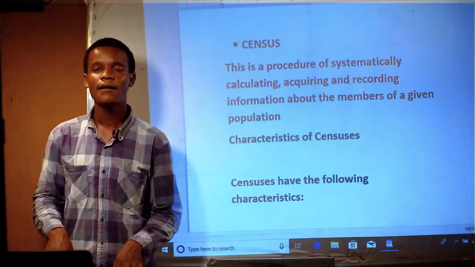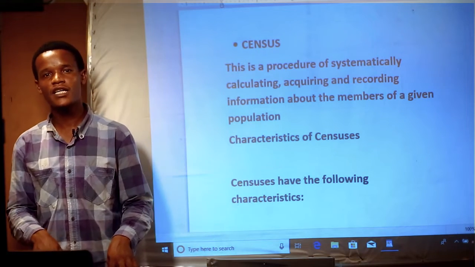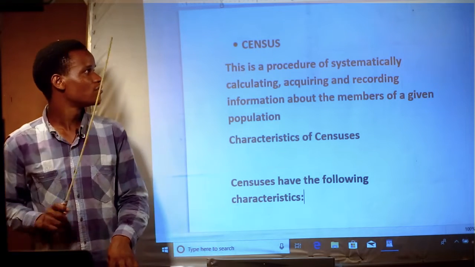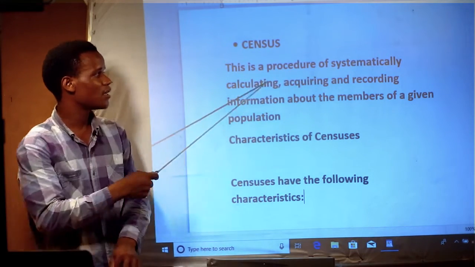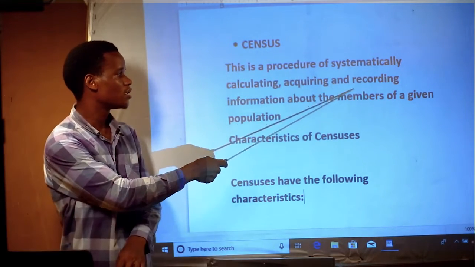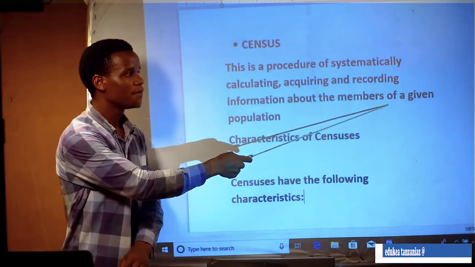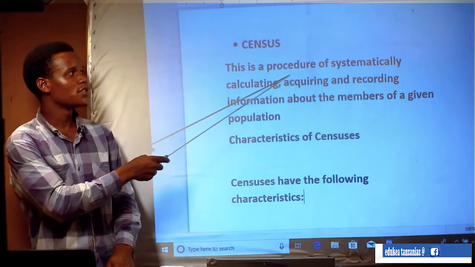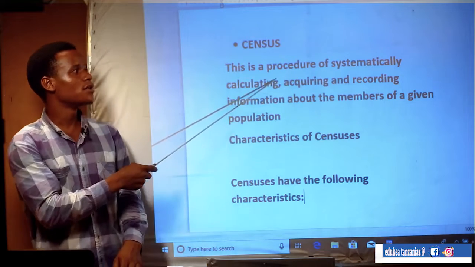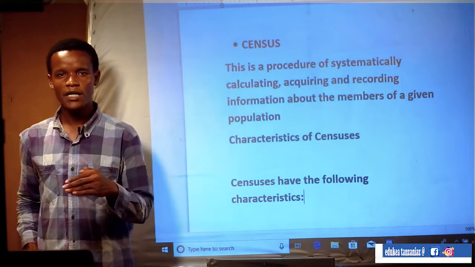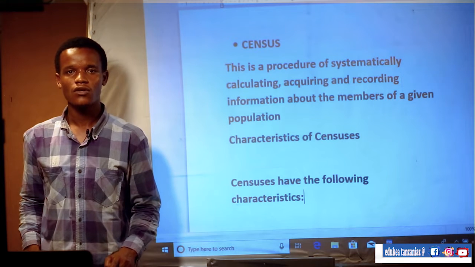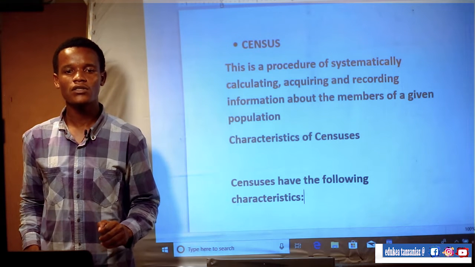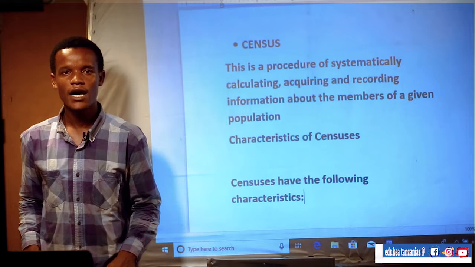Okay, another source of population data is the census. The census is a procedure of systematically calculating, acquiring, and recording information about the members of a given population. When we say systematically, that means we pass chronologically from one stage to another.